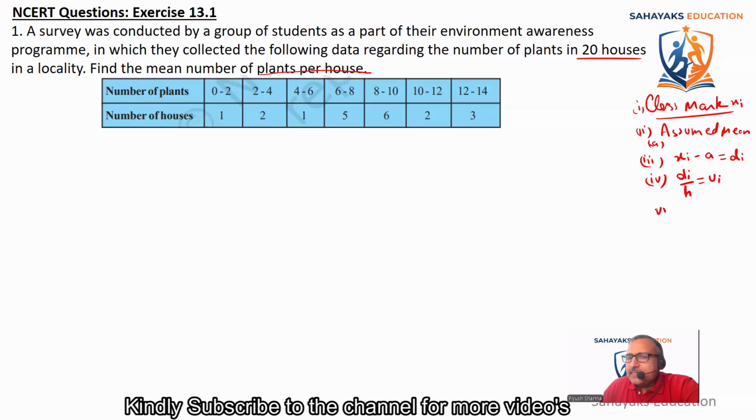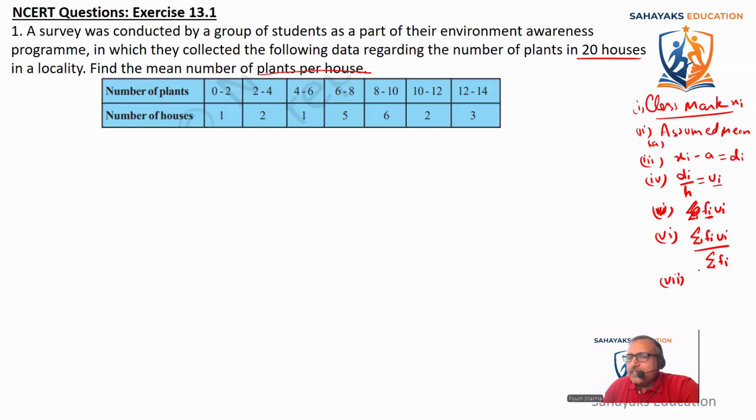The fifth thing is to find Fi Ui, not sigma Fi, but Fi Ui: we multiply the frequency with the Ui which we have computed. The sixth step is to find sigma Fi Ui divided by sigma Fi. The seventh step is to compute the X bar directly.